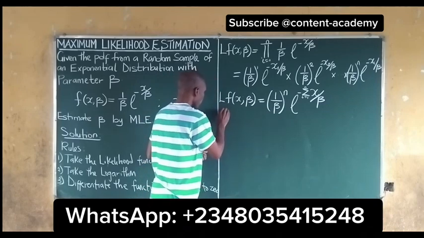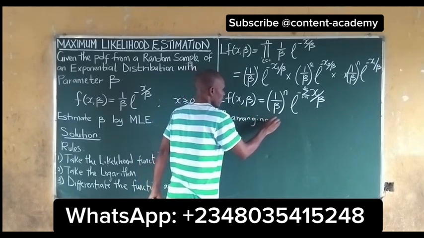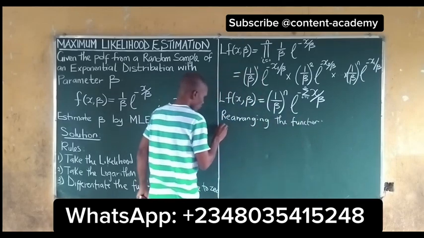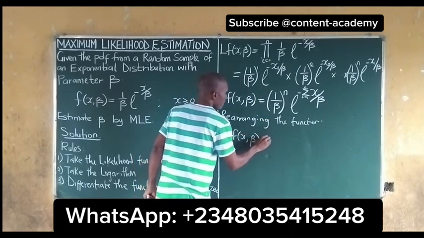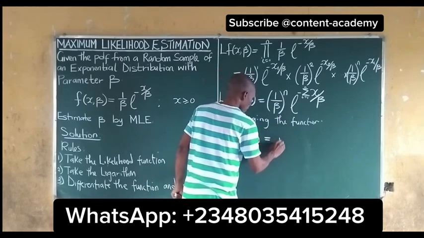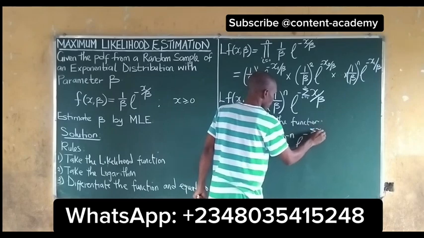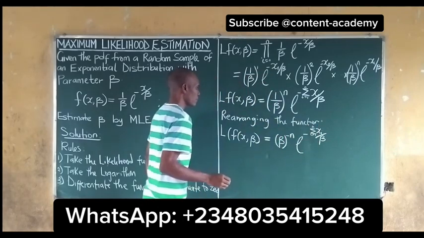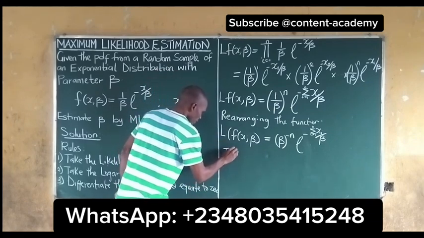So rearranging the function, we'll get our likelihood function to be beta to the negative n exponential negative summation of x_i all over beta, i running from 1 to n. Now, we can now take the log.